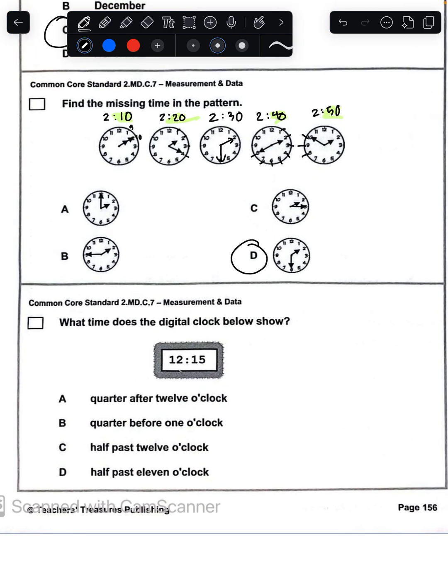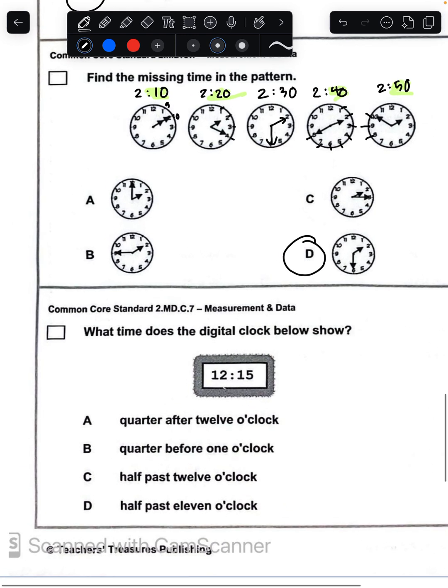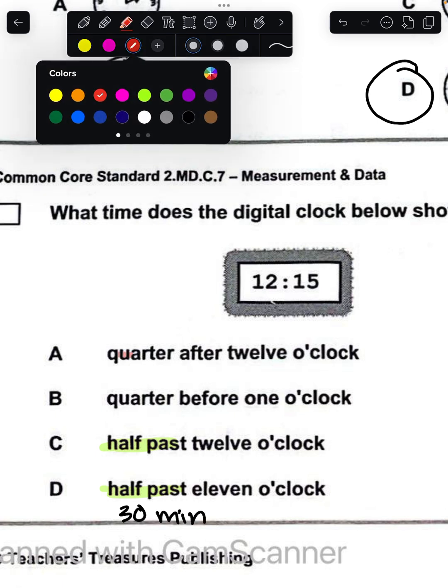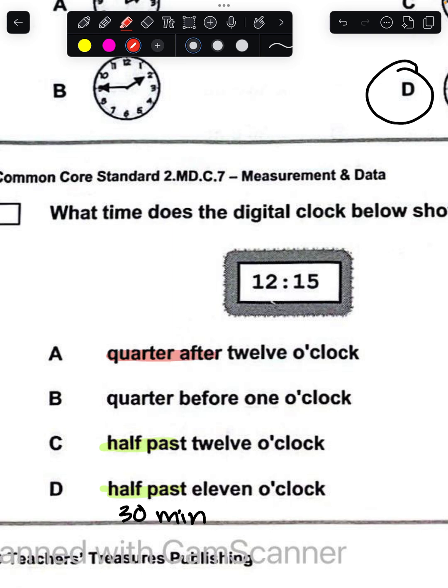Last question. What time does a digital clock show below? Okay, so we already went over how half past equals 30 minutes. And then quarter after means 15 minutes after, but quarter before means 15 minutes before.